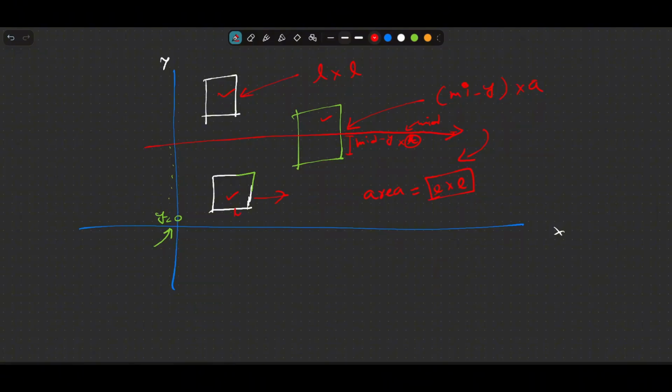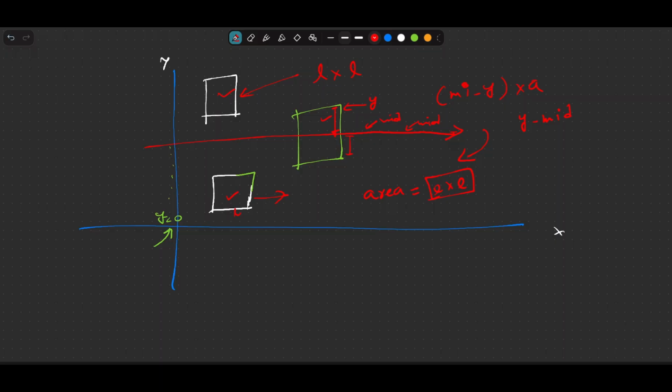Let me make it more clear. What is the mid? Suppose this whole thing is this point. One second. This point is y. Okay, this is mid. So what is the area above this line? It is nothing but y minus mid.